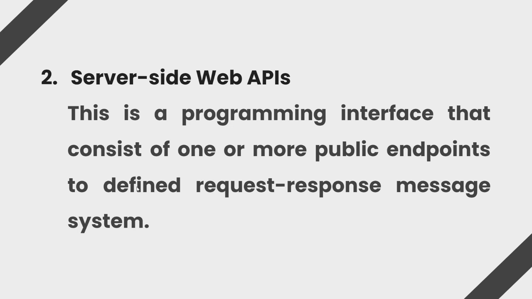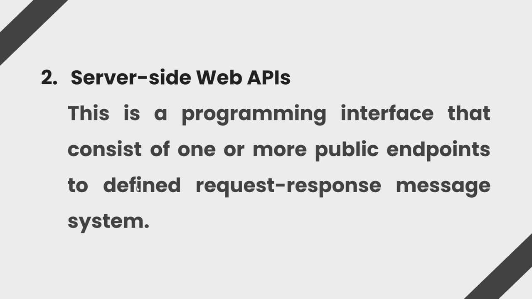So what this means is that a request is made to the web API and then a response is sent back from the API on the server. So the server API accepts a request which can be from a user, an application, or anything out there. And for that request sent, it also gives out the expected response.